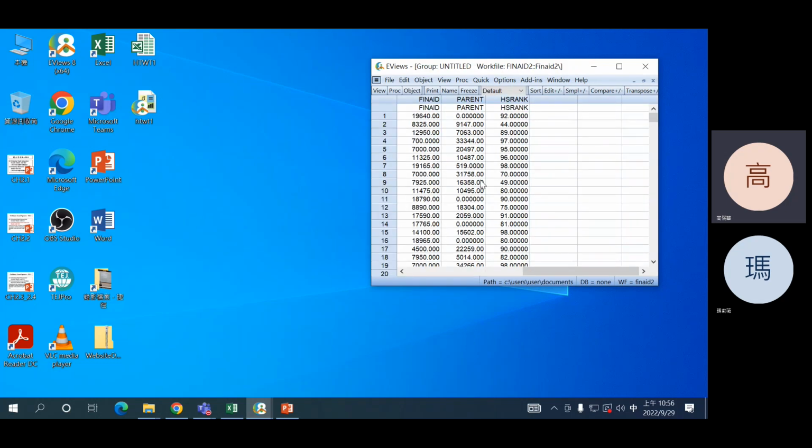Then I can see the original data. Look at this original data. High school rank uses percentage as the measurement unit. This is from 0 to 100, so you can consider 90 as 90%, right? And how about the parents? This is using dollars.